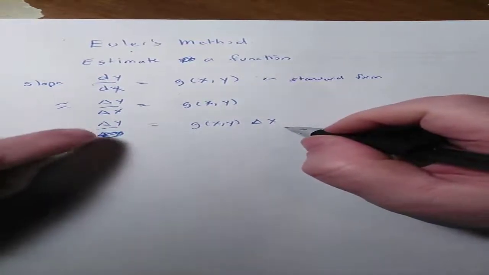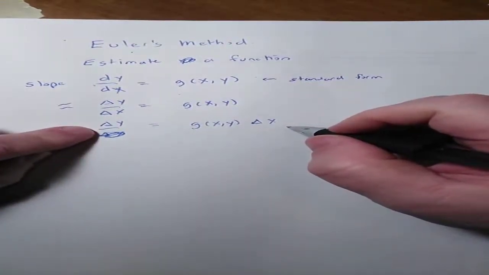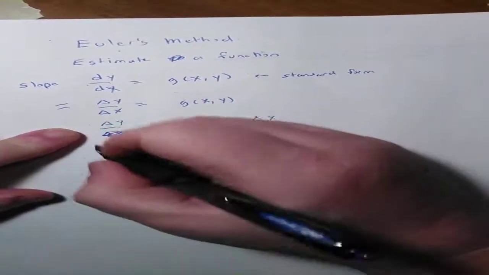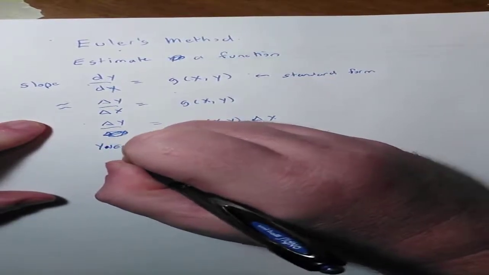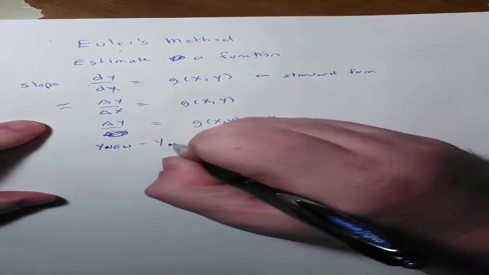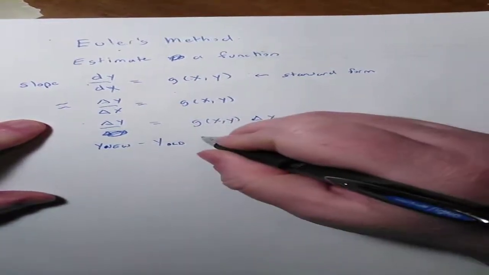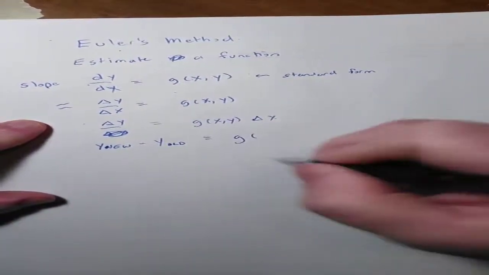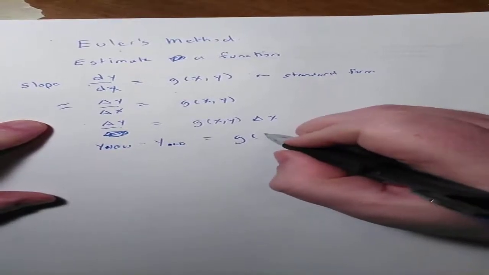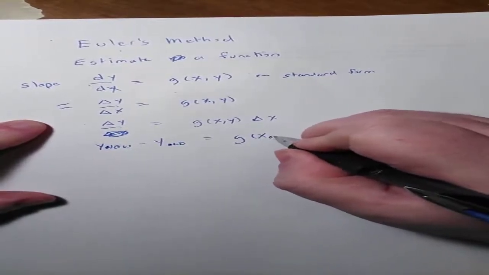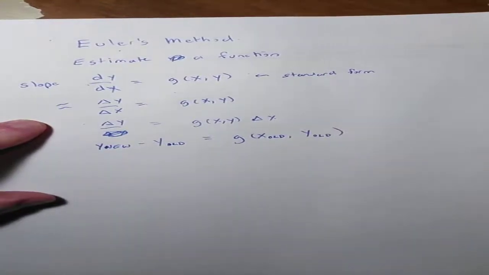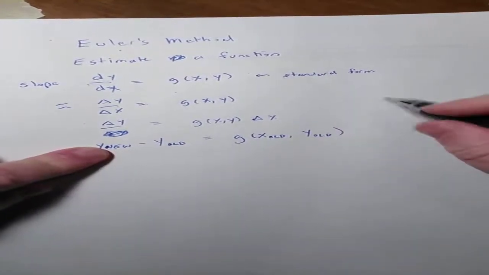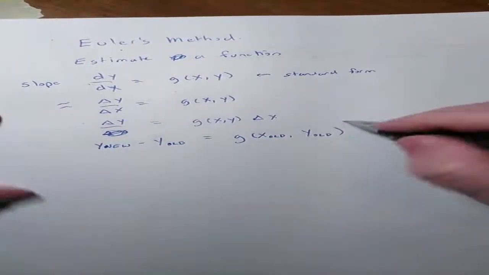Delta means the same thing in math as it means in science, a change from one value to another. So we're going to have y new minus y old equal to g, and since we're evaluating the function, we put a point in there: x old, y old. We don't have the new value yet, so we're stuck using the values we do know.